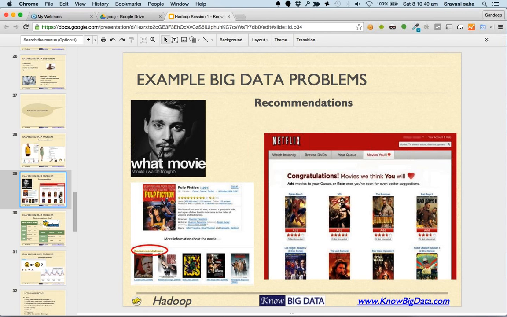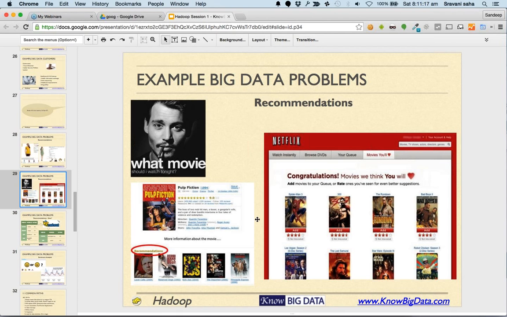So when you think about recommendation, it's actually a very interesting idea. Imagine this. We have the information about all the people, and we also know that these people like these movies this much. Now, if we can group them together into clusters based on how similar they are to each other, then we will be able to cross-recommend one's movies to another.